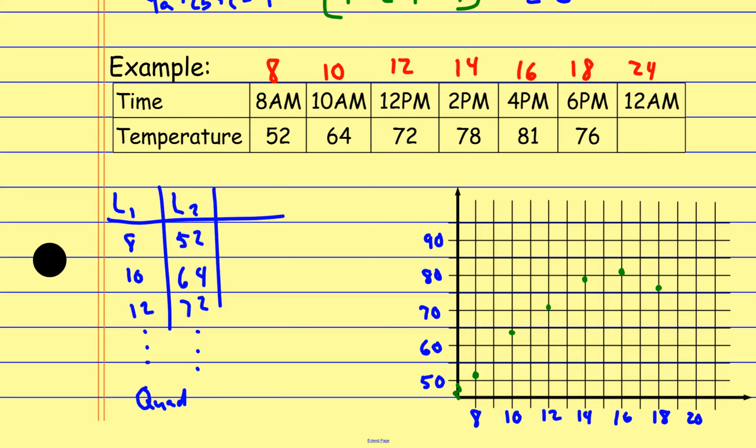And when I do this one, the calculator spits out something like this. y equals, I've got an a value of something like negative 0.469 x squared. Oh, I'm not going to give myself enough space here. Let me move it.